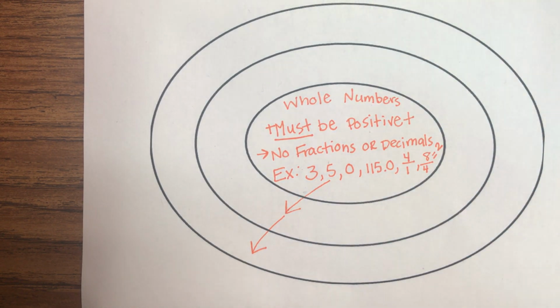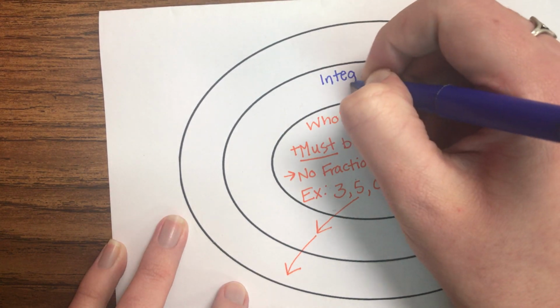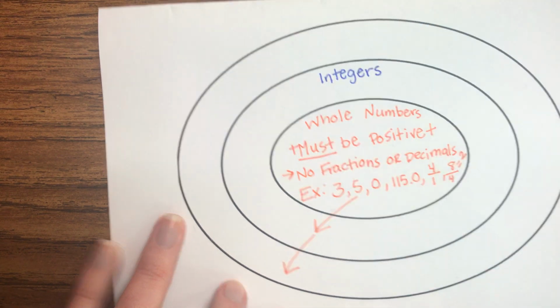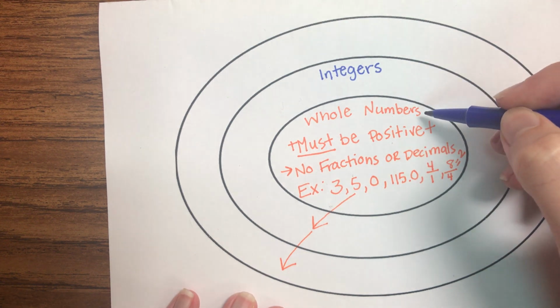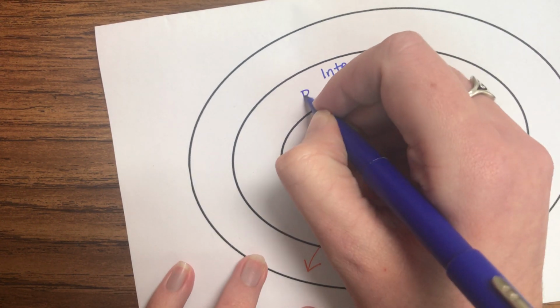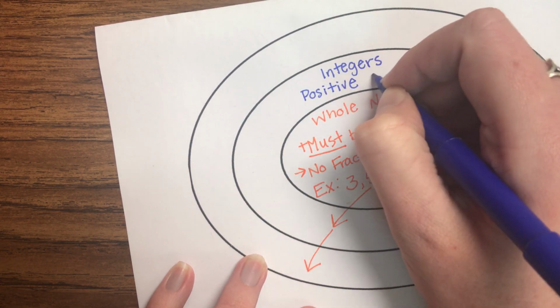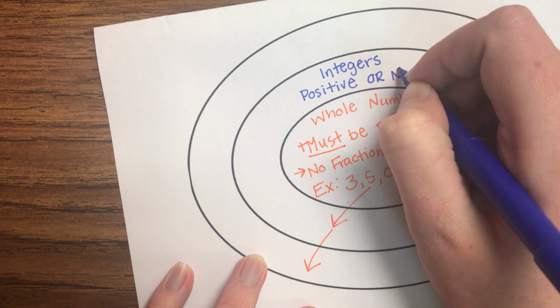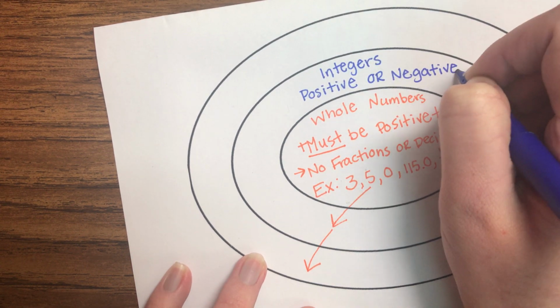Okay? So the next type of numbers we're going to talk about are integers, which you should be familiar with that term. We've been using integers since the beginning of the year so far. So whole numbers were positive. Integers can be positive or negative, which we know, that integers are our positive and negative numbers.